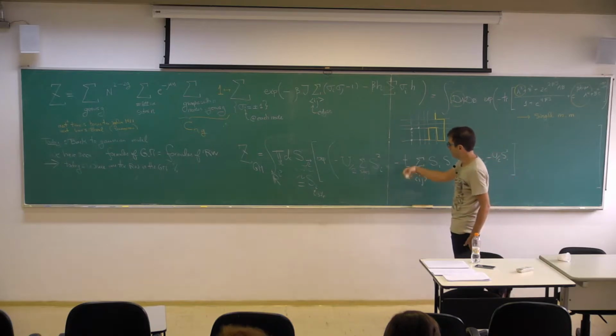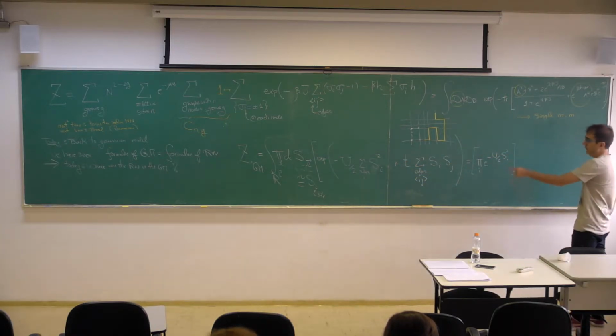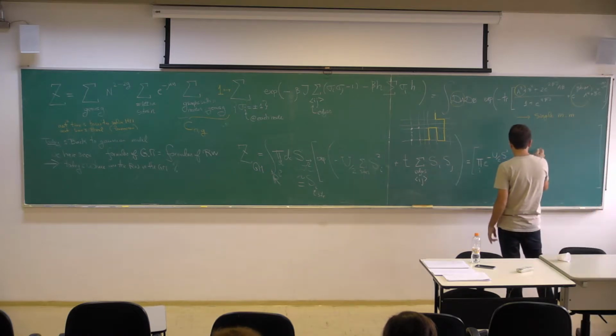Actually, the T conventionally was with a minus sign, so let me put a plus sign there. And this exponential, I expand it down, so for each edge I now need an integer for the expansion, nij from 0 to infinity.